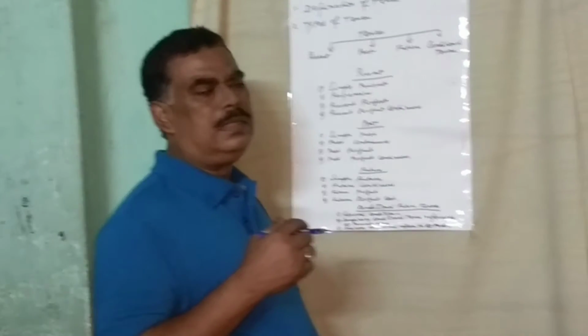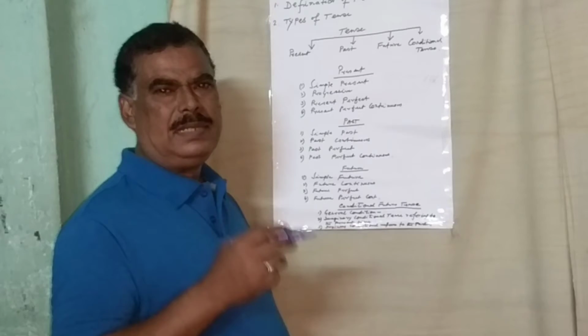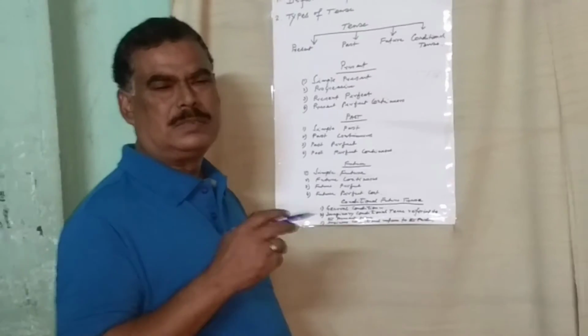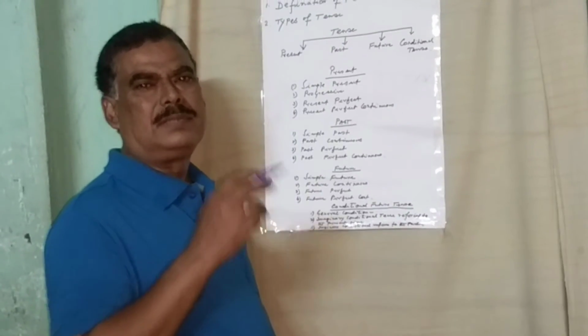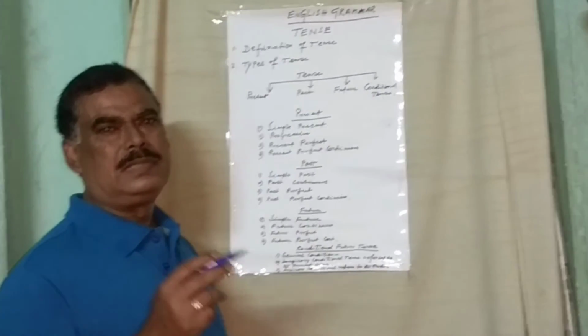Example: he must have reached Kolkata by 10 o'clock. It means he has the possibility of reaching Kolkata by that particular time. So that is one kind of example.